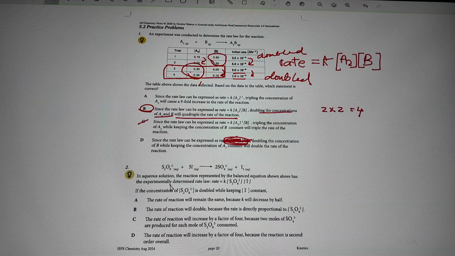Next question. In aqueous solution, the reaction represented by the equation above has the experimentally determined rate law shown, with S2O8 2- and I-. If the concentration of S2O8 2- is doubled while keeping I- constant, then what happens?